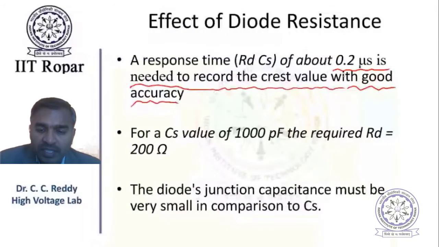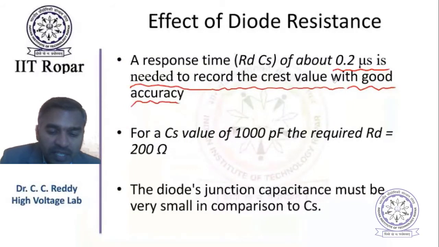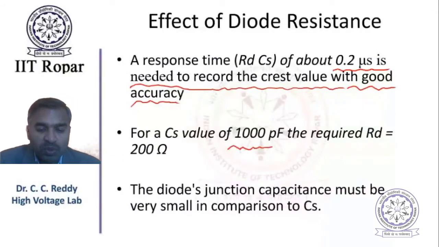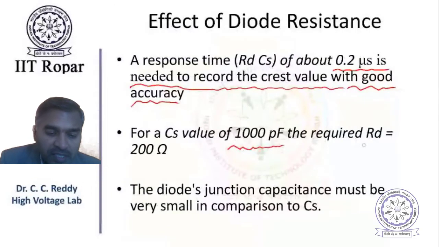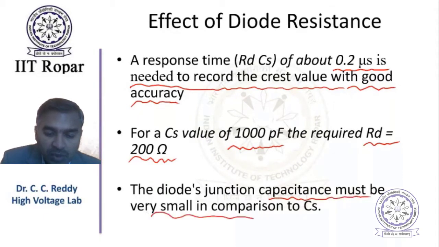Around this time duration is needed to record the crest value, and for a CS value of 1000 picofarads, that storage capacitance value, the required diode resistance is around 200 ohms. And the diode junction capacitance must be very small in comparison to CS.